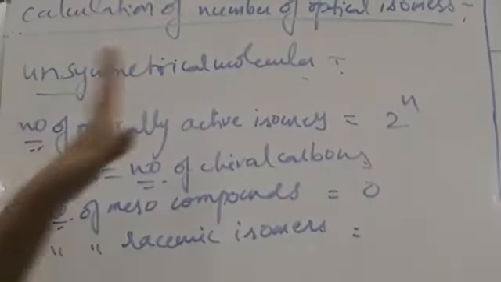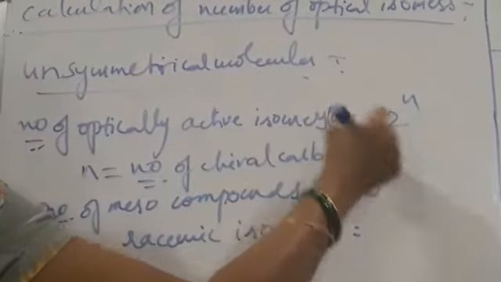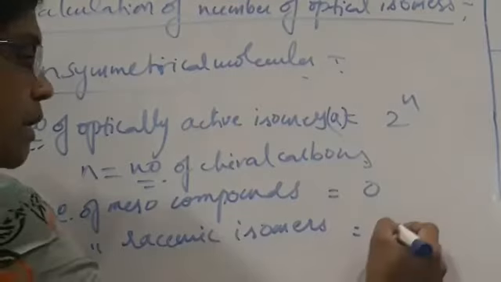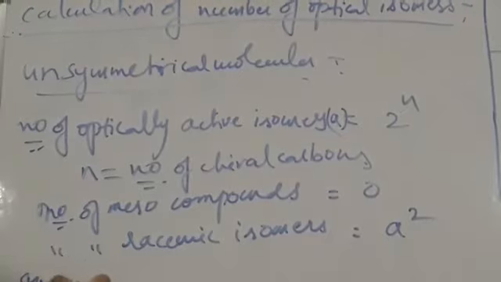For example, if you give the symbol A to the number of optically active isomers, here we can write the number of racemic mixtures as A square. Okay. Then coming to symmetrical molecules.